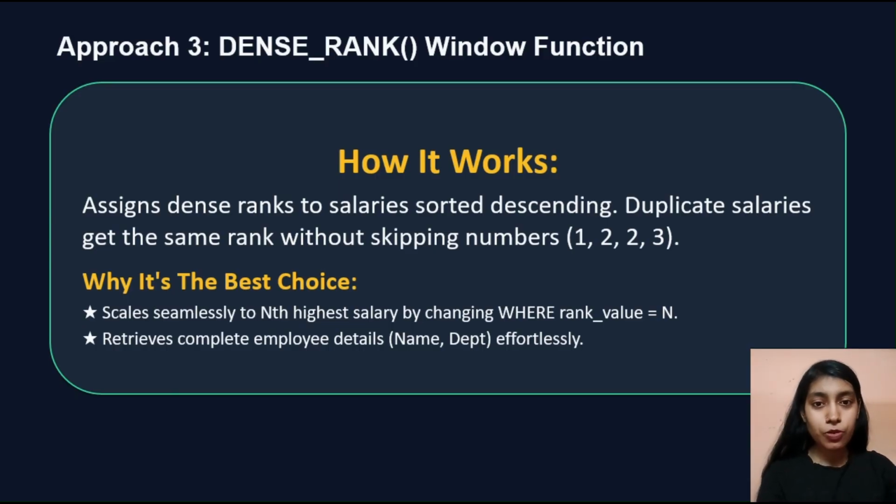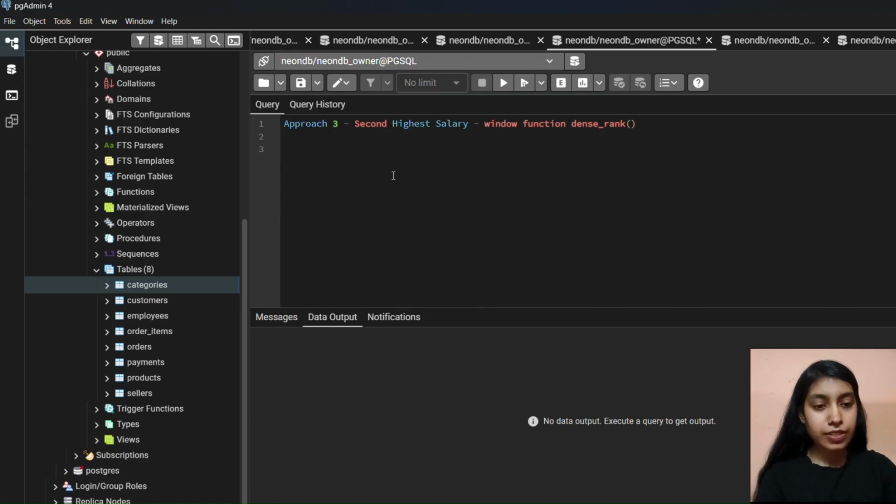Okay, so in this approach, we will use the window function dense rank. Let's see how we get the top second salary using this function. So select star from employees. Okay, so in select what we want, salary, and we have to apply the window function over the salary.